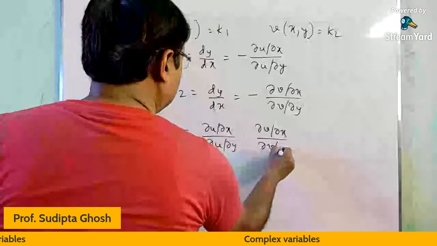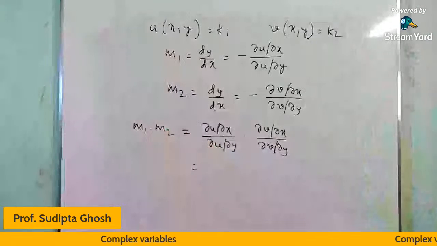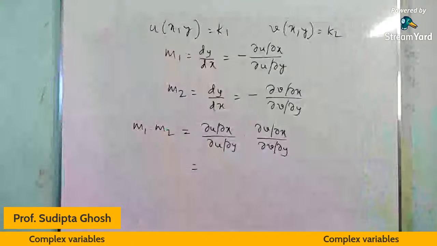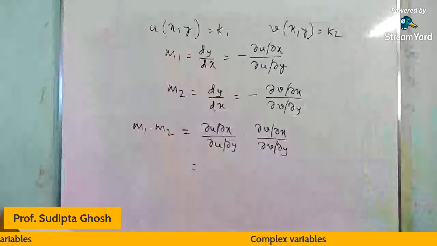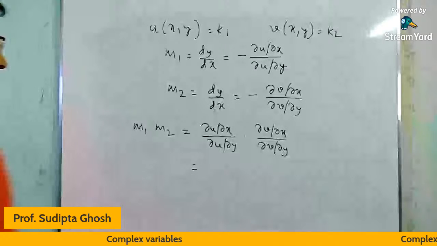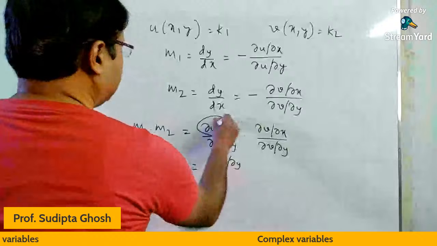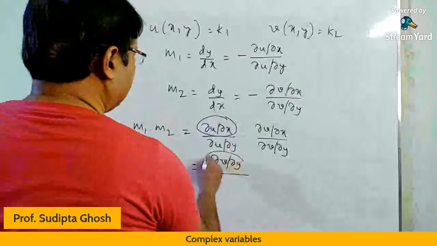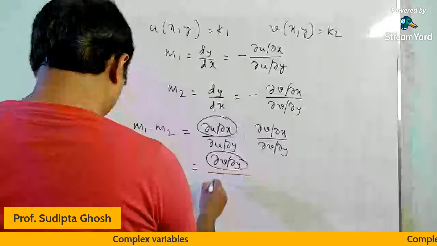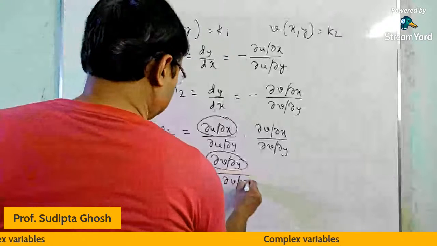From the Cauchy Riemann equations, I am writing del u del x as del v del y, and del u del y equals minus del v del x.